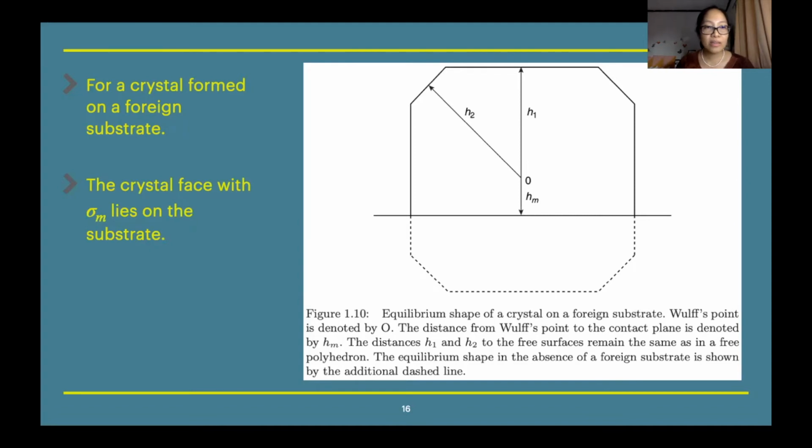So we see that the crystal having the specific surface energy sigma sub m lies on the substrate, and it's pointed by the arrow. The interfacial boundary is formed, and this is identified by the arrow. Okay?